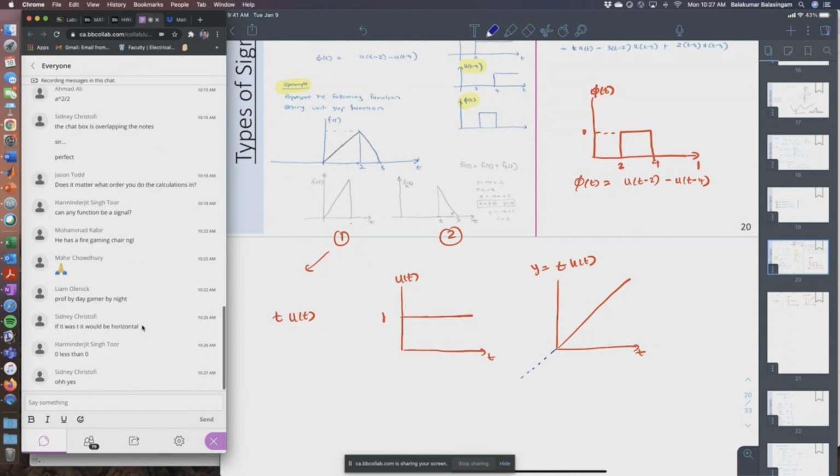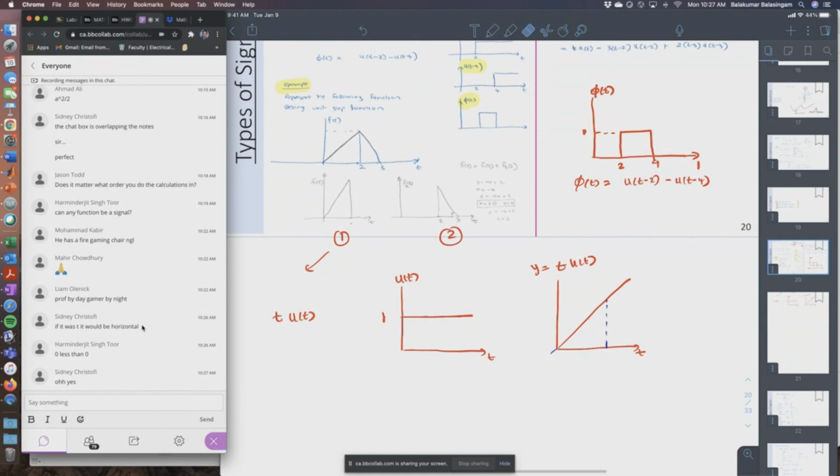So the second function is just t u(t). Now, we want that function to stop and come back to 0; we don't want that function to exist after t equals 2.